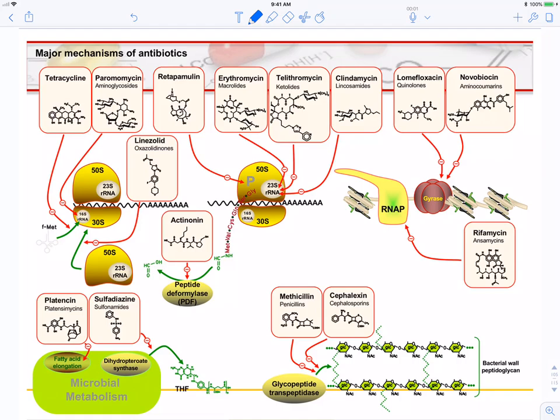Okay, so here's a little summary of antibiotics and their site of action, which should be pretty self-explanatory. We have looked at many of these compounds, although not necessarily all of them. As you can see, we have focused on a few because of their importance in the clinic, but also because we understand the mechanism of action relatively well.